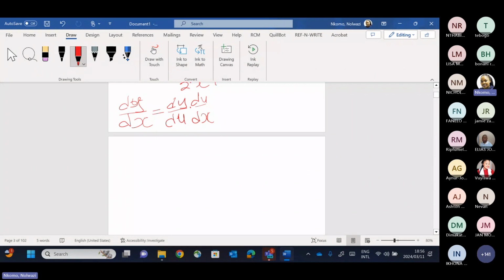Imagine you had y equal to 3u squared, but you are given that u is equal to 2w to the power 5, right?